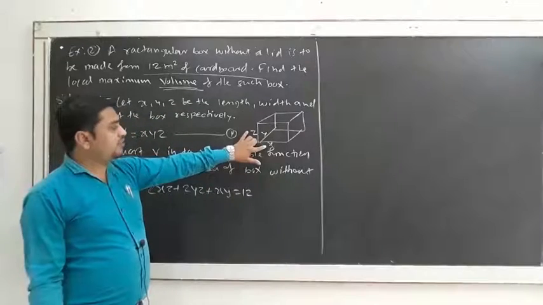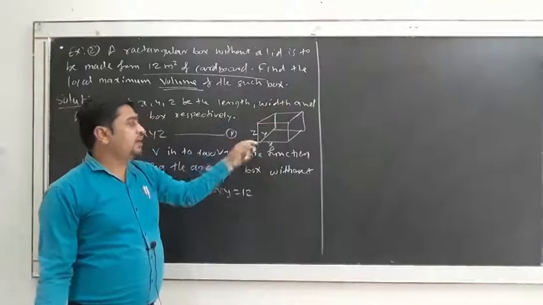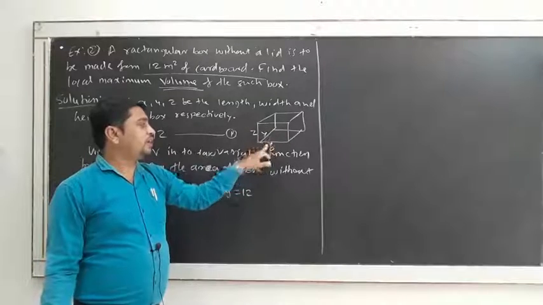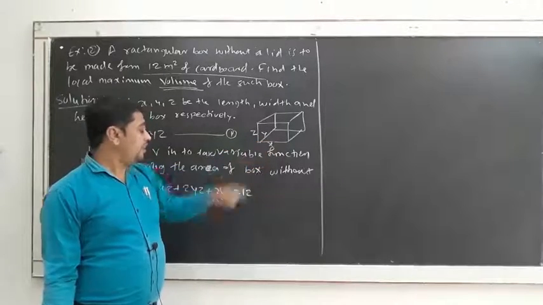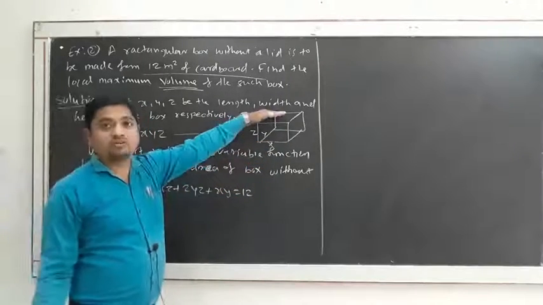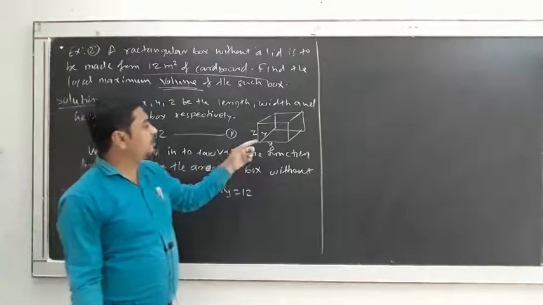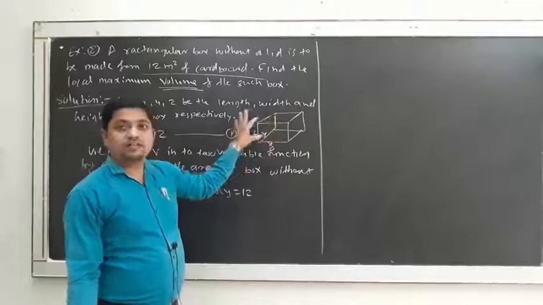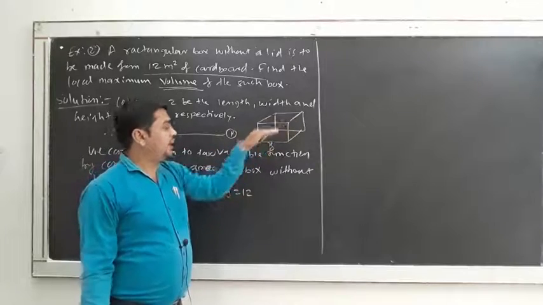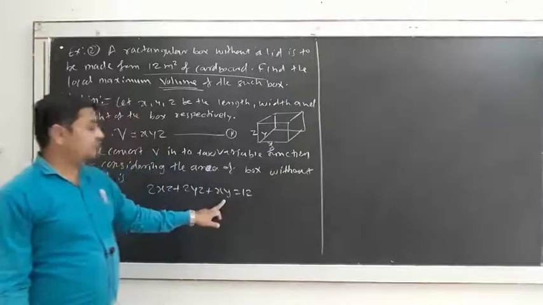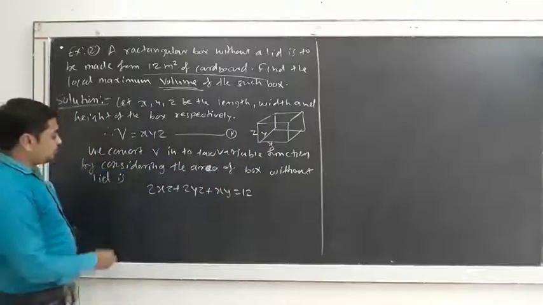So 2 times zx, this, and 2 times yz, these two areas, and xy is 1 time only because upper is not being considered, only base is xy. This area is equal to 12.